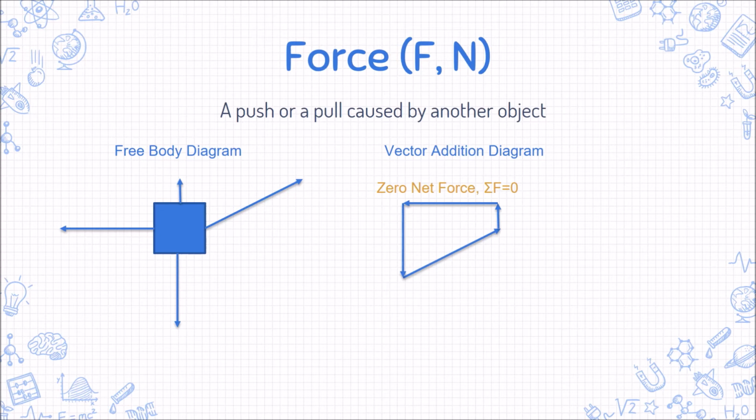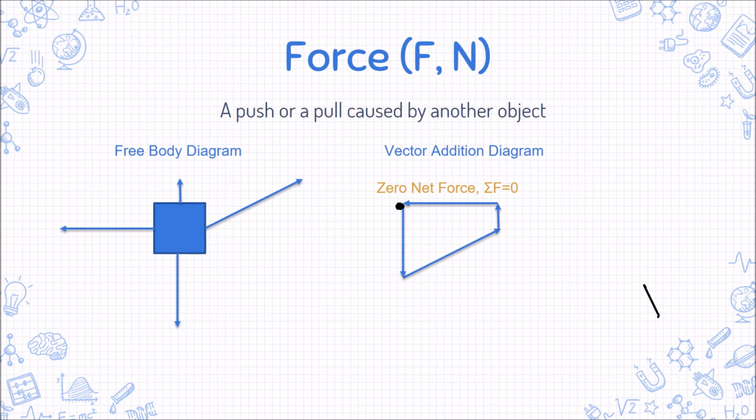So what I did here is I took every vector from our free body diagram and I added it head to tail, and I started here, and I added it head to tail all the way around until there were no more vectors left.